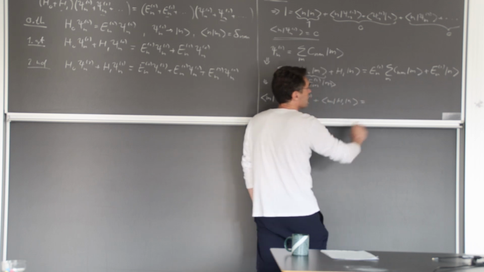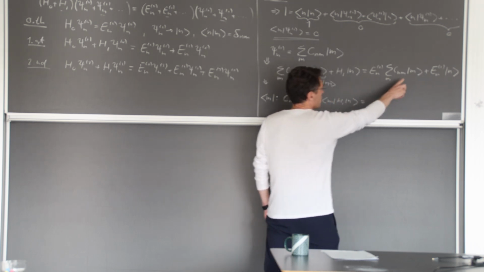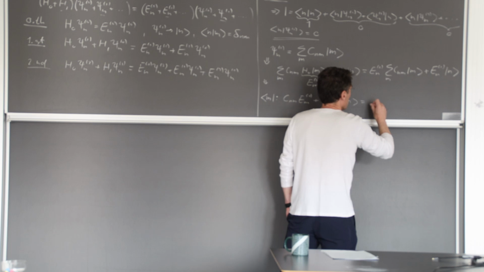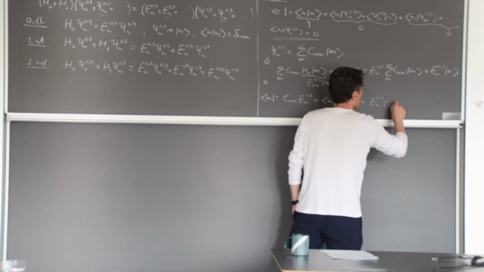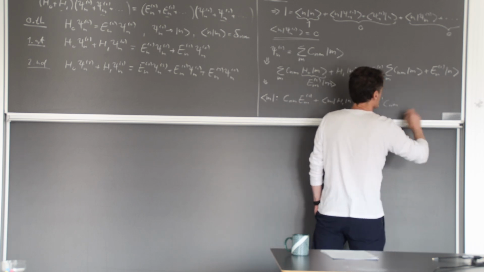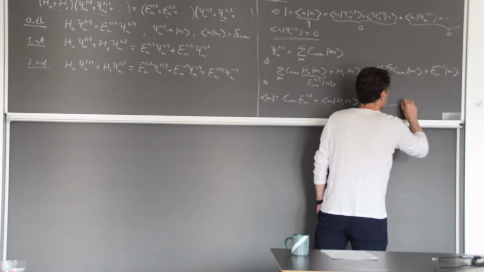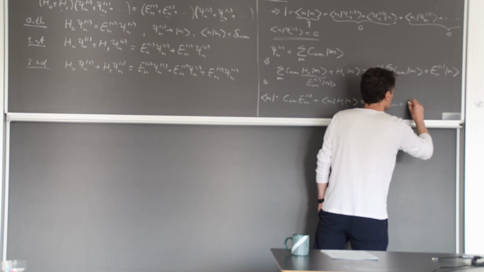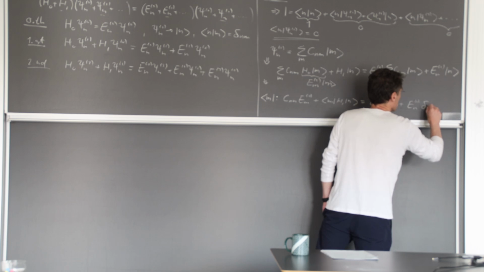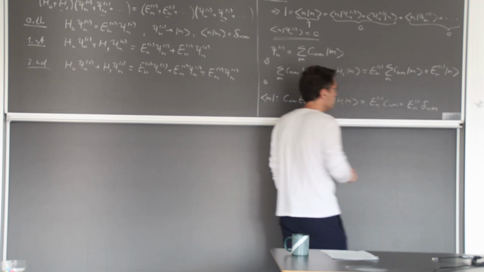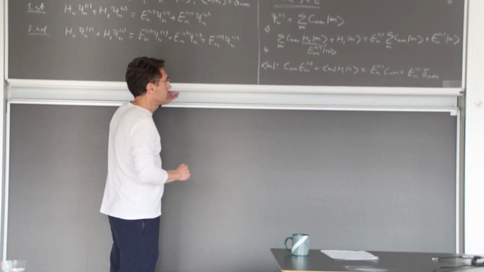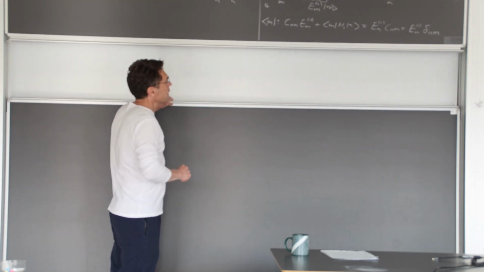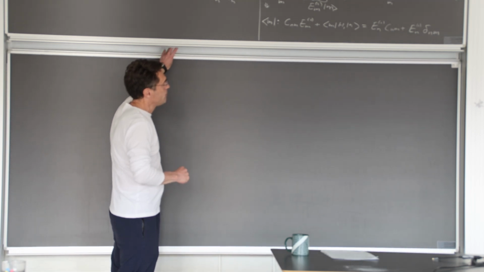Over here, again, when I apply this bra, I pick out the one term, so I get E_n^0 c_n^m, and then there's this final one, which of course is E_n^1, and we could write delta_mn. And that basically tells me what I need to know.